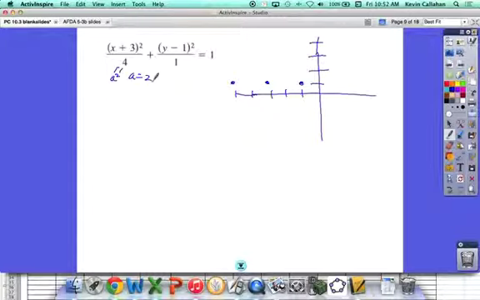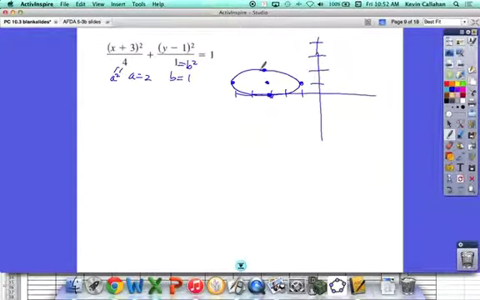And then in the minor axis direction, b squared equals 1, so b equals 1. That means I'm going to go up 1, down 1. With just those 4 points, I can sketch the ellipse at this time. There are no other points that are going to help us draw this. So just go ahead and draw your ellipse through those 4 points.